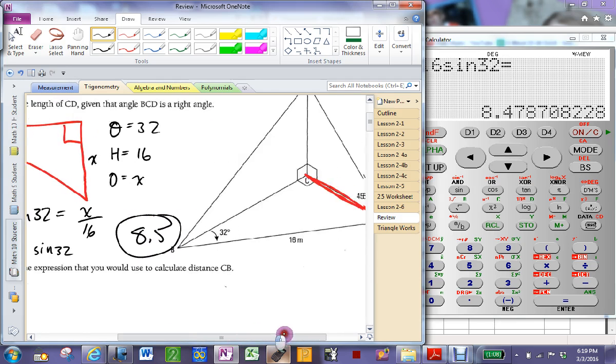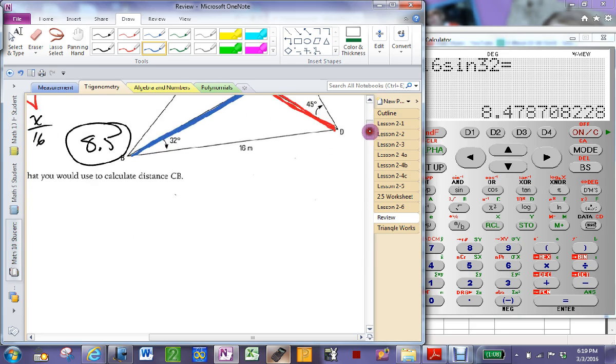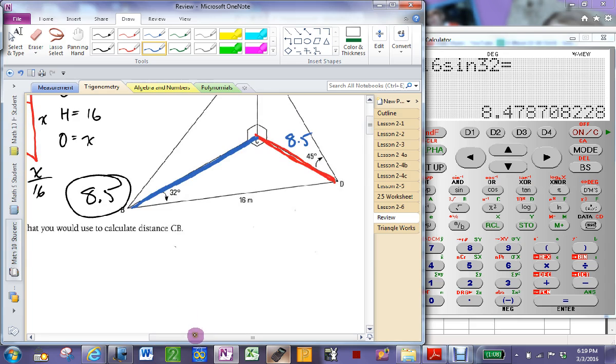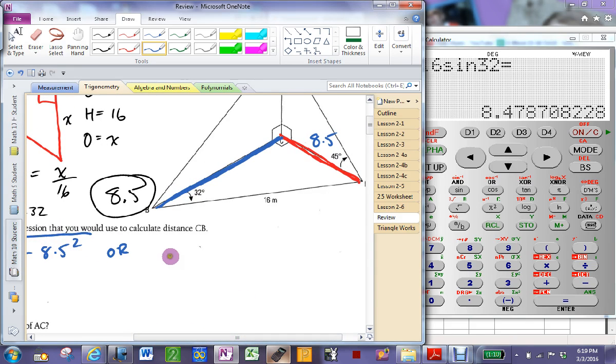Now, what are you going to do for CB? Well, CB is right here. Since you already know this is 8.5 and this is 16, then you could do 16 squared minus 8.5 squared and square root it. Or you could do cos 32 equals x over 16.